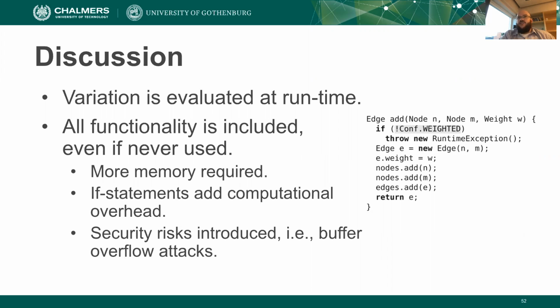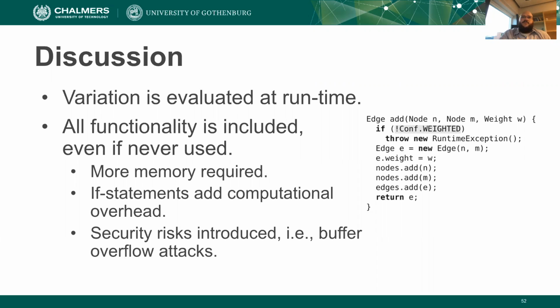For example, all the functionality is included in all the deployed products, even if we know that feature is not going to be selected in general, which has potentially negative implications for resource consumption, performance, and security, right? That deactivated functionality is still in the product. Performing runtime checks, those if statements, requires additional computing overhead that you wouldn't necessarily have in a version where you compile it only with the selected features.